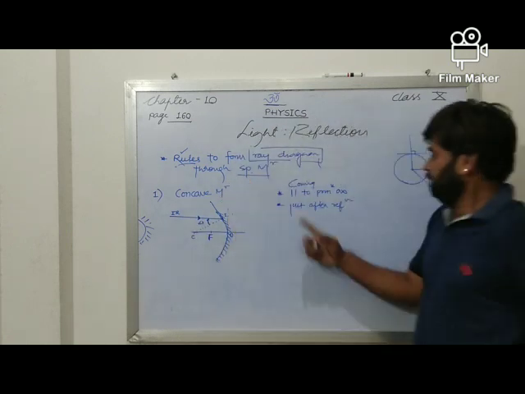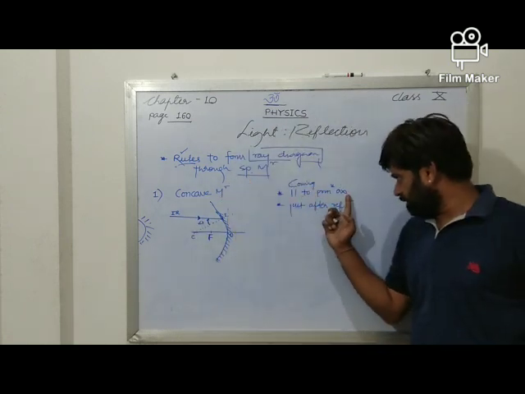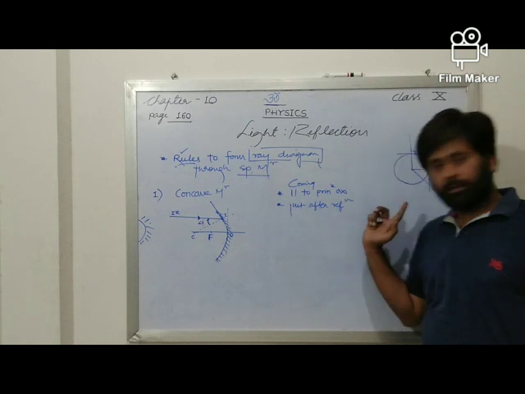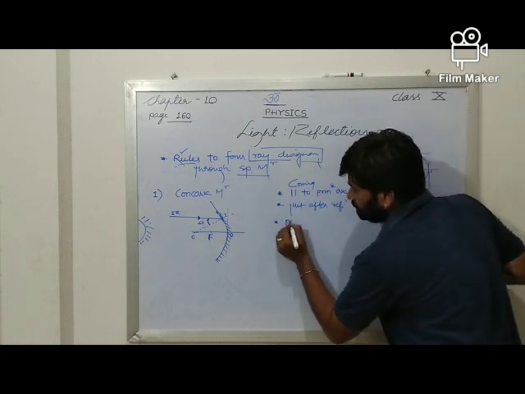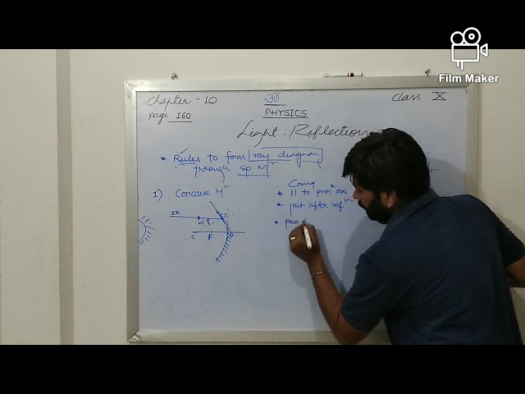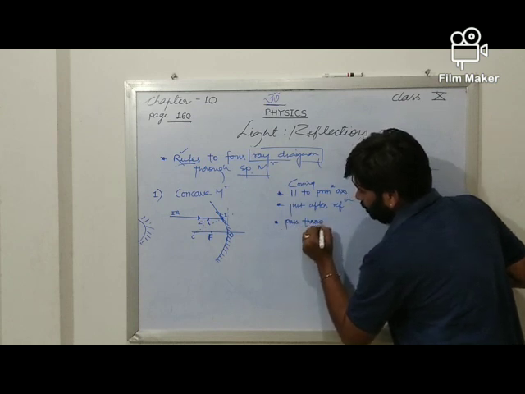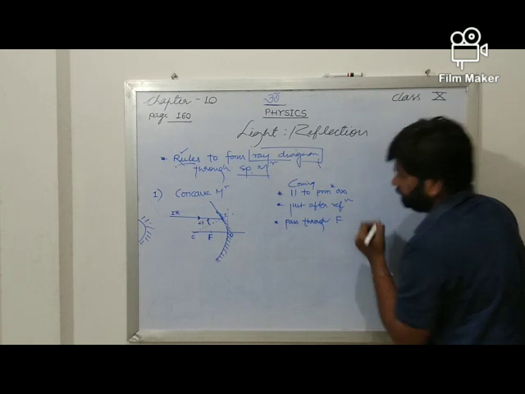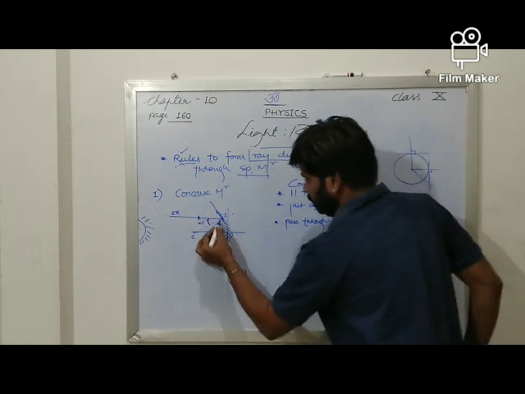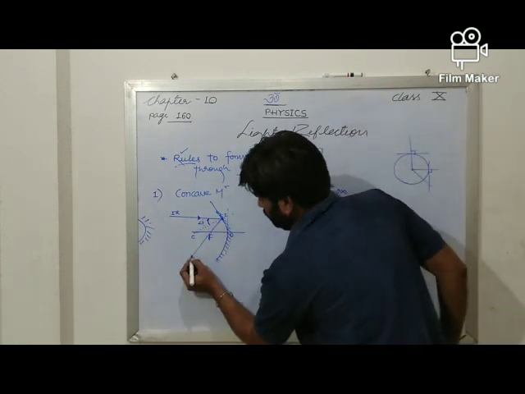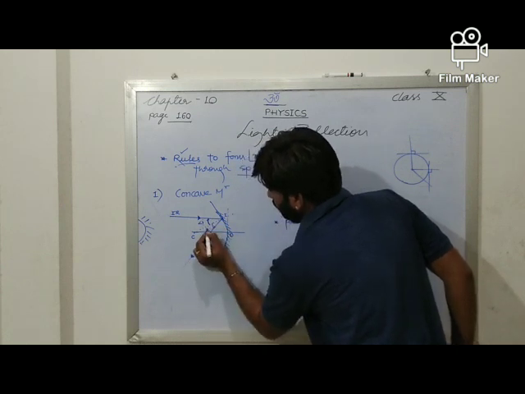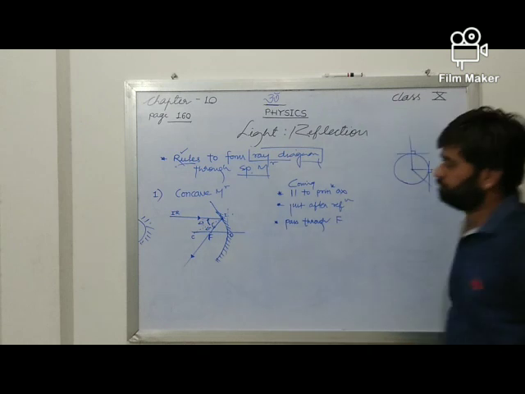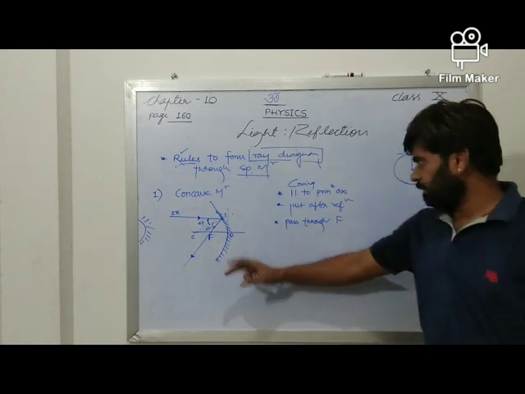Coming parallel to the principal axis, just after reflection, it will pass through the focus. This is rule number 1. This will be the angle of reflection. Are you getting this?